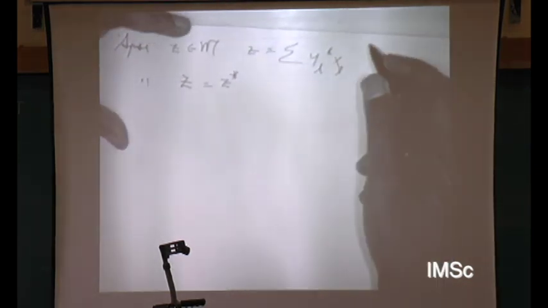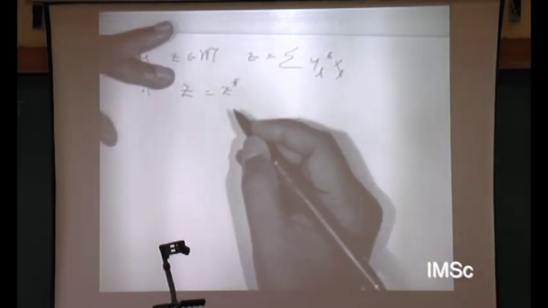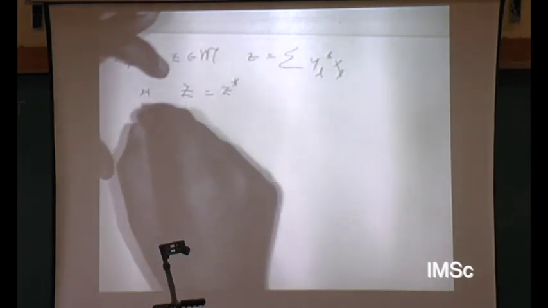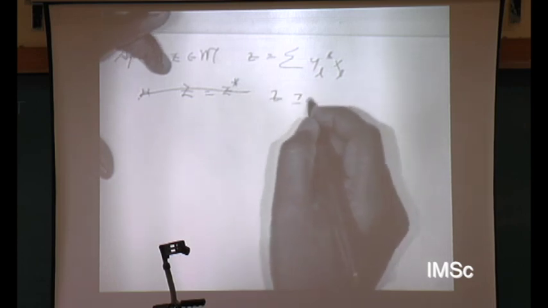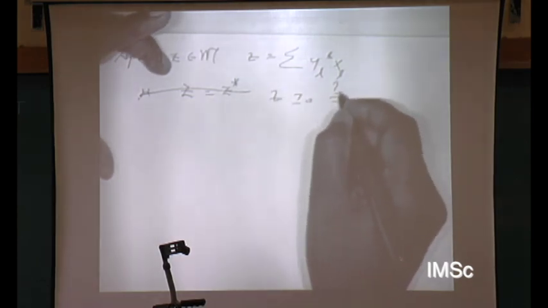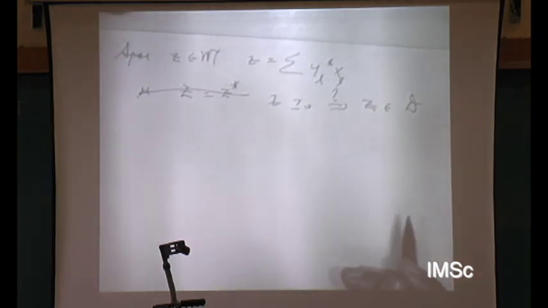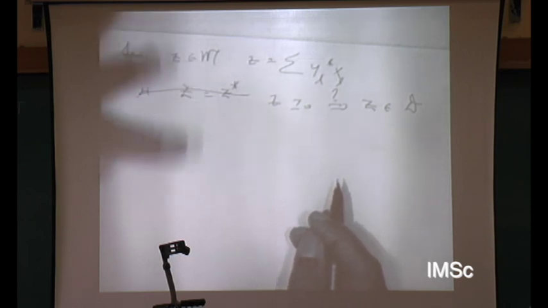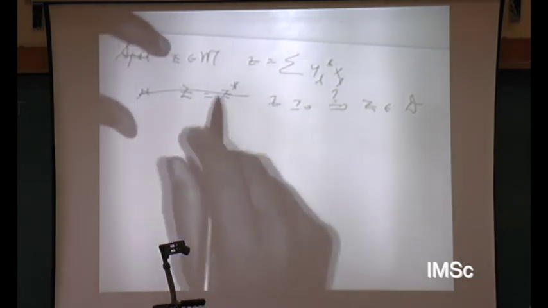So suppose, and I want to show that if Z is positive, I want to see that it belongs to D. This is what I have to prove: that M plus is contained in D. So if it is positive, then it's certainly self-adjoint.